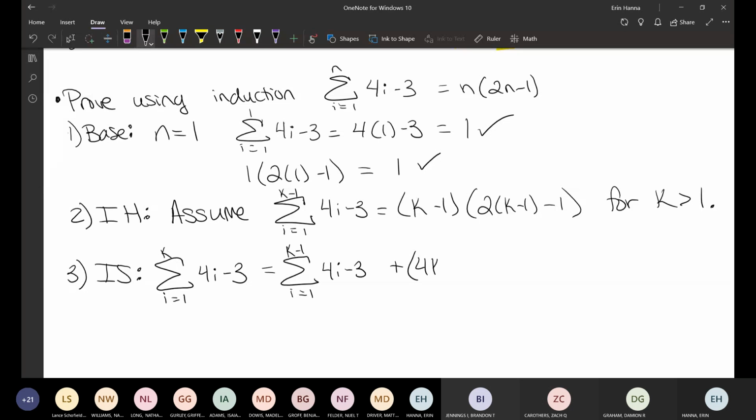So if I plug in k to that, I'll get this. I should probably put the big thing in parentheses if I want to be really, really good about it. And now this thing, this sum to k minus 1, I know is equal to this thing. So I can replace it.